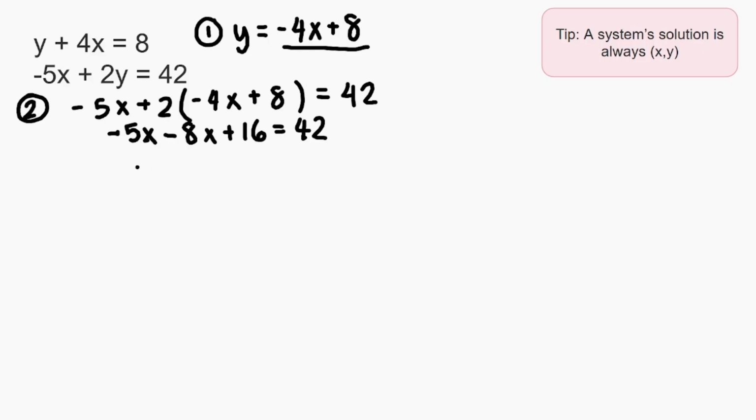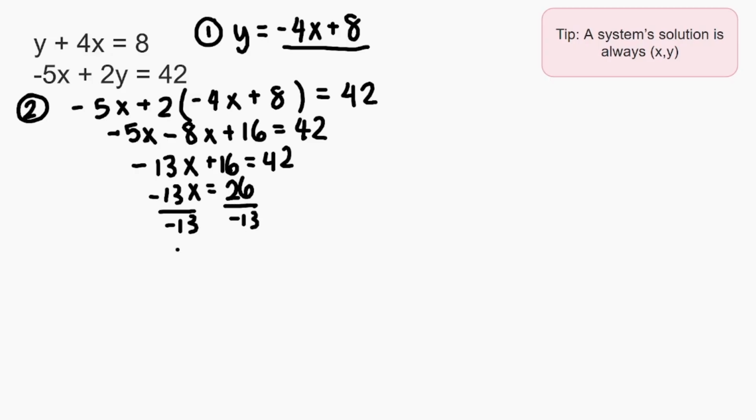Continuing to simplify, we get negative 13x plus 16 equals 42. So negative 13x is equal to 26. Dividing both sides by negative 13, we get that x equals negative 2.